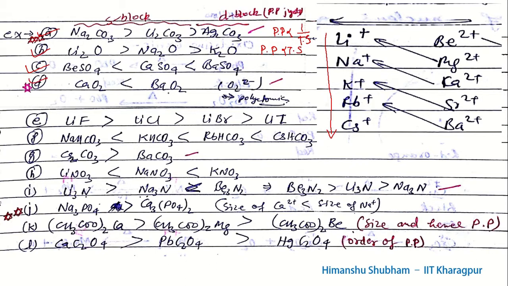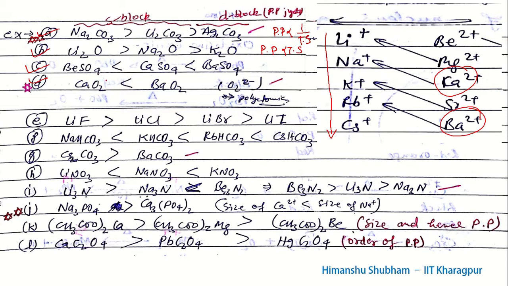In the D part, we see the size between calcium and barium. From this table we can derive that between calcium and barium, the size of barium is greater. That means the polarizing power of barium is less.